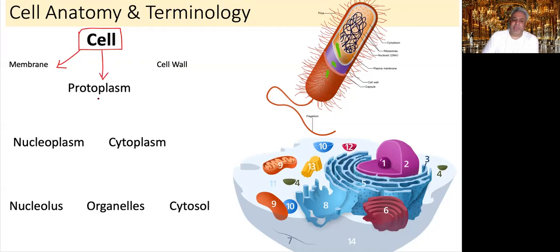That protoplasm can be divided into the area inside the nucleus. So the nucleus will be number 2, and then everything outside that. So everything outside the nucleus is called cytoplasm. Between the plasma membrane, right? And the nucleus, everything in between is called cytoplasm.